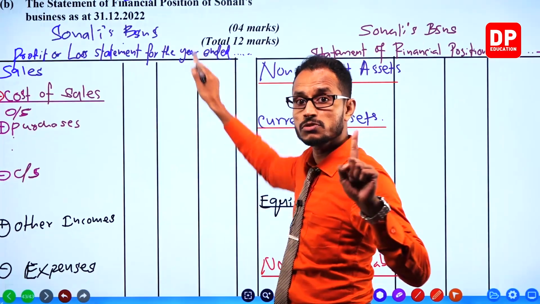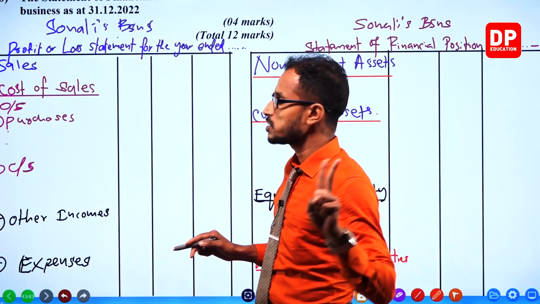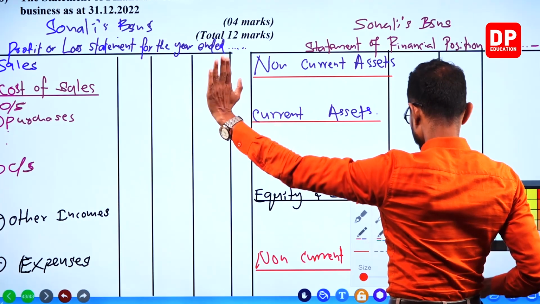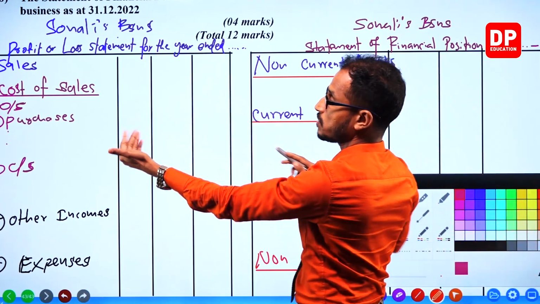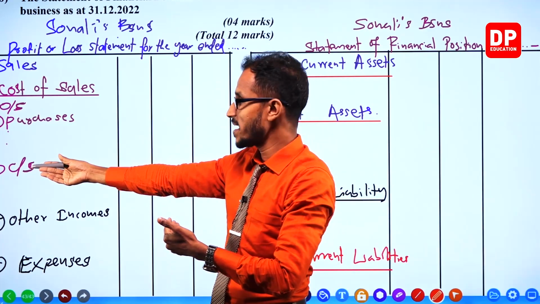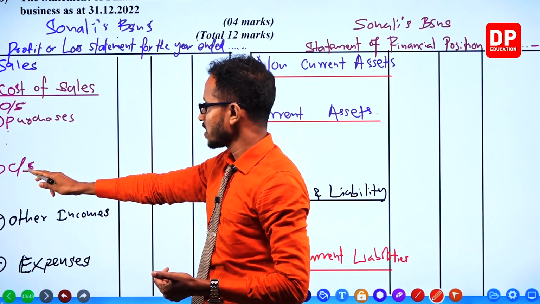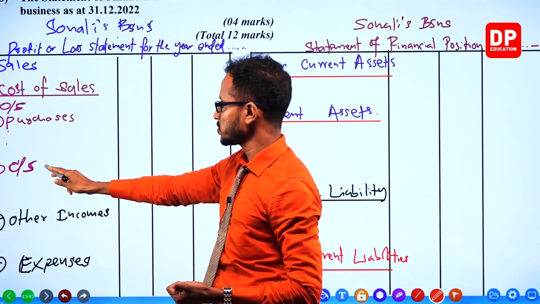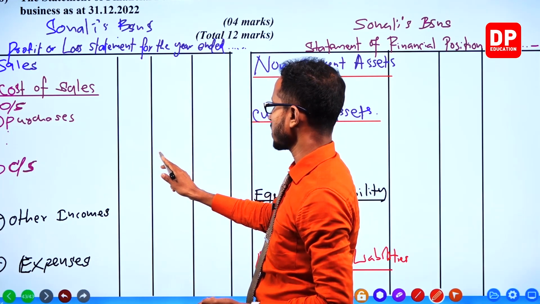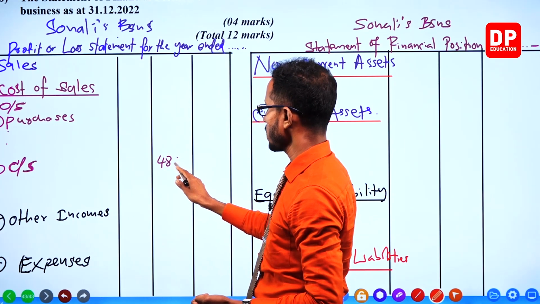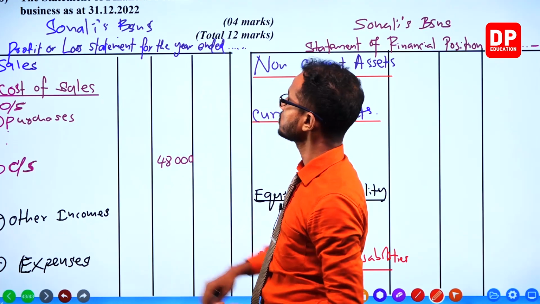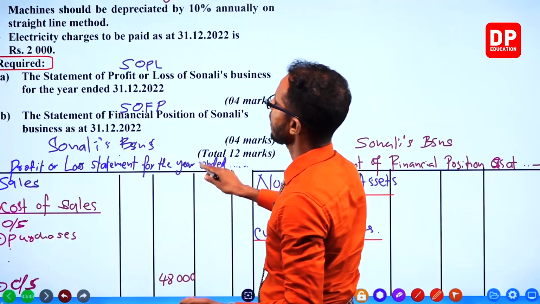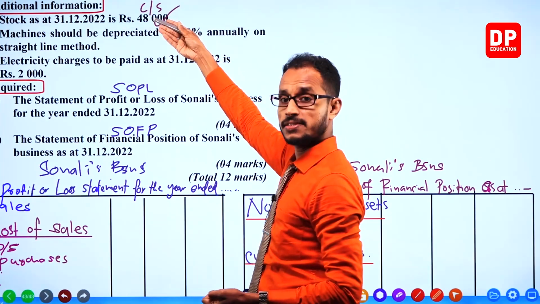Every adjustment should go to both statements. In the profit or loss statement, closing stock is already mentioned, so in front of that item, in the second column, put 48,000.